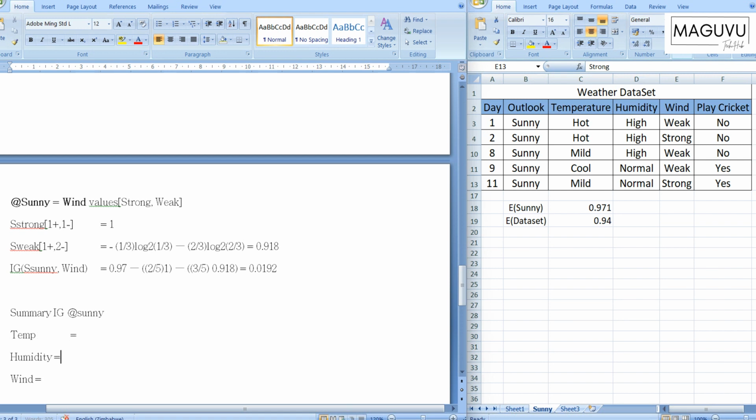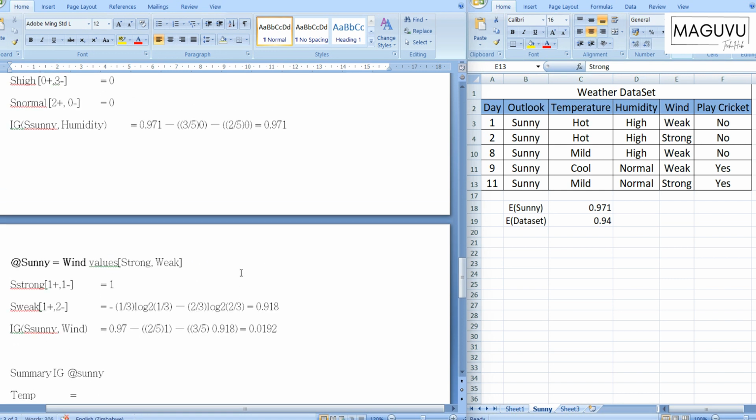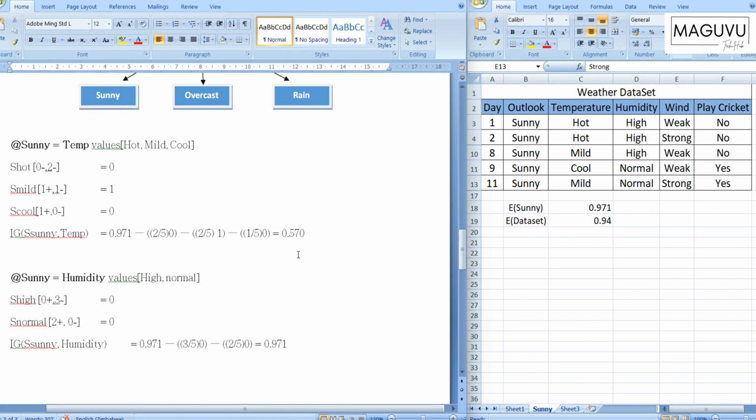So let's take the value of wind, information gain of wind, information gain of humidity, and then lastly information gain of temperature.